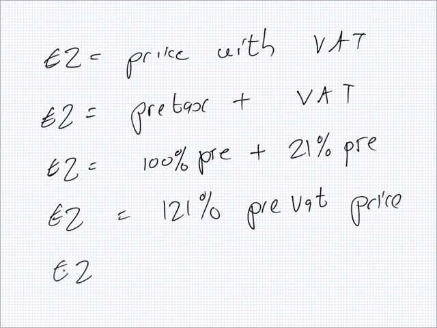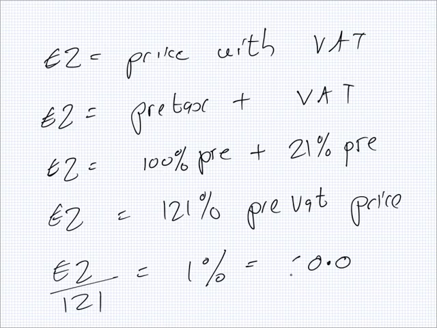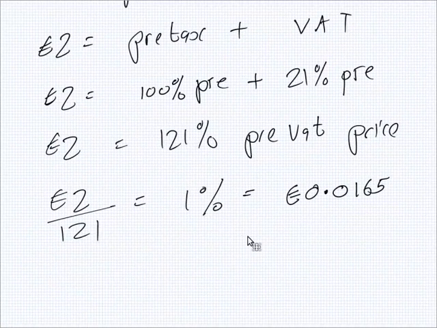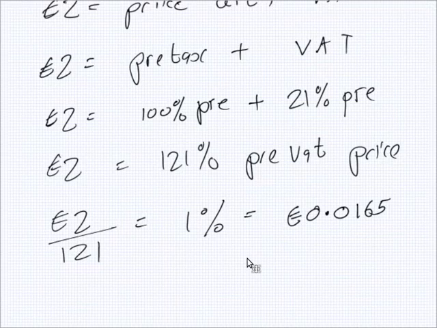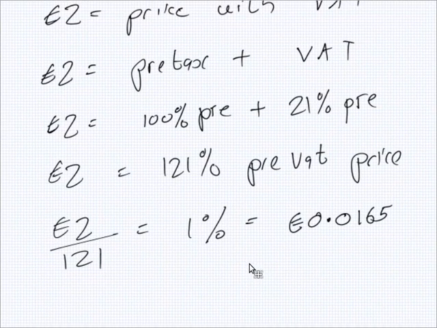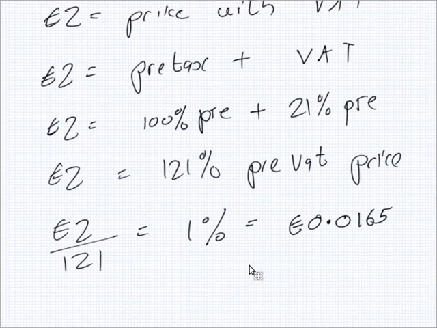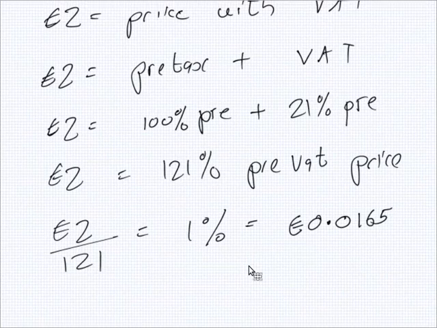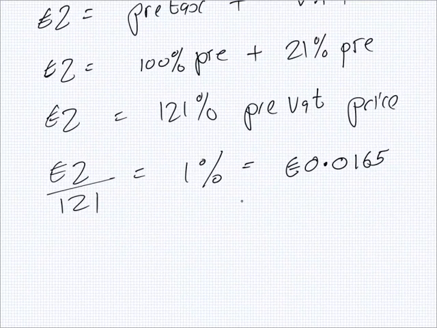So we need to divide by 121, and we get 1%. What's that, please? 0.0165, yeah? Why don't you divide by 1.21? It's the same? Yes, same. Oh yeah, it's fine, you could do that. I'm taking a longer route.